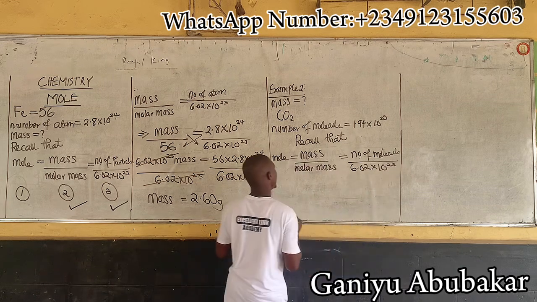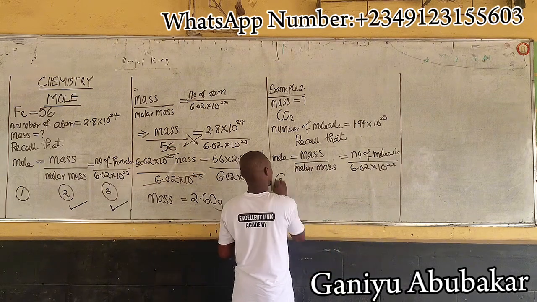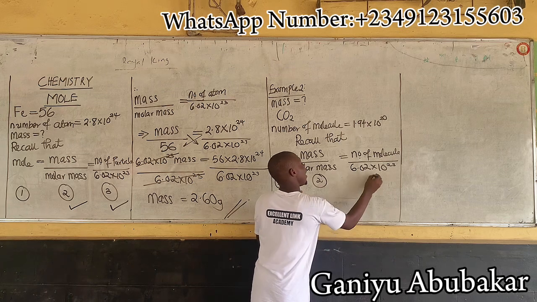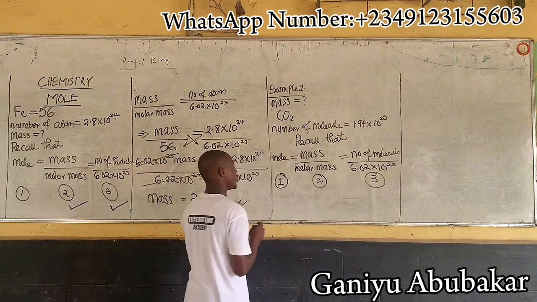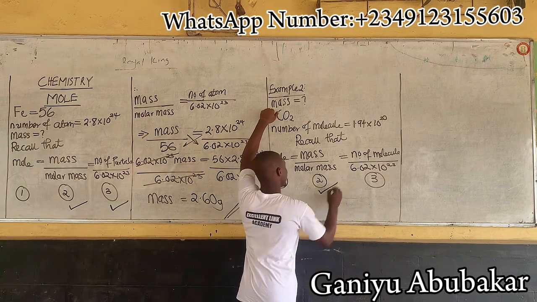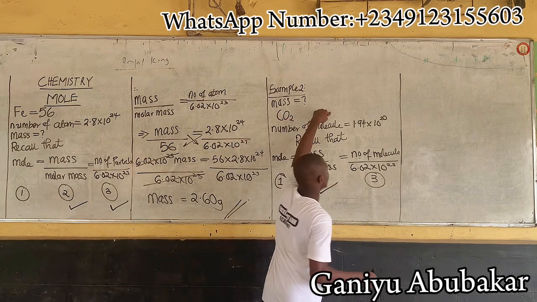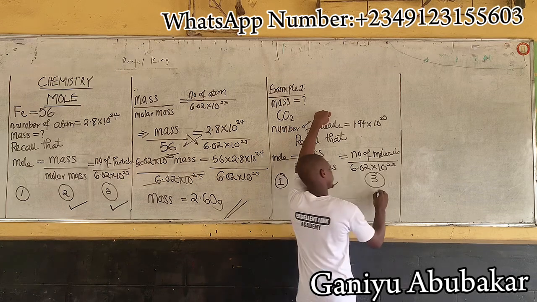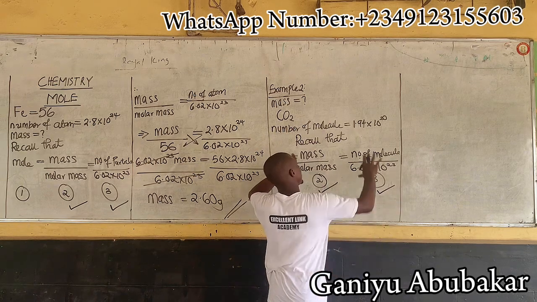If I may ask you, in equations 1, 2, and 3, which am I using to solve this problem? Of course, I'm looking for mass, so I'll go to equation 2 first. I'm using the number of molecules here, which represents the number of particles, so I'm using equation 3. So I'm using 2 and 3.